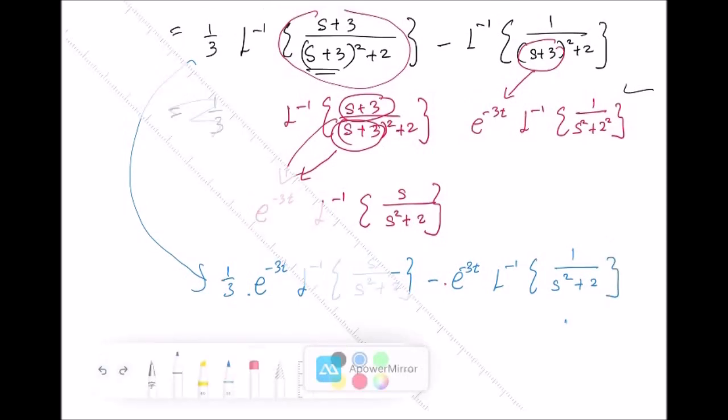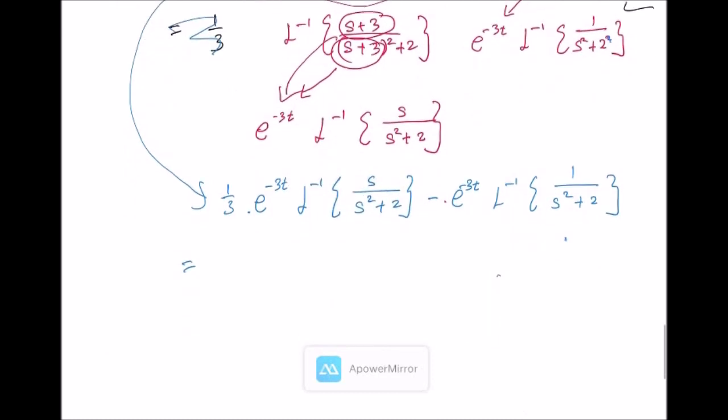There's a mistake here. This is 2 only. And then next equal to 1 over 3 exponent negative 3t, and then for this part we can get a cos.